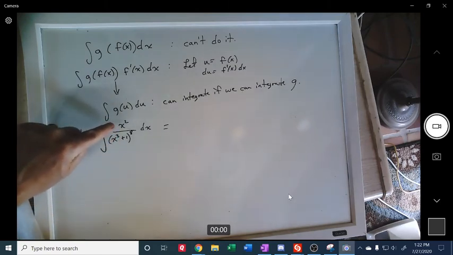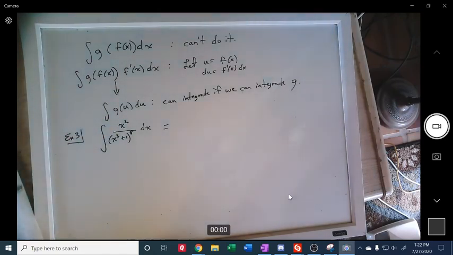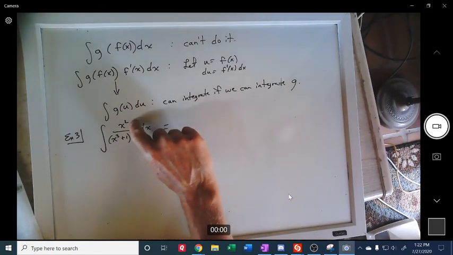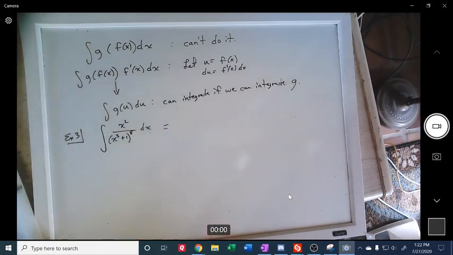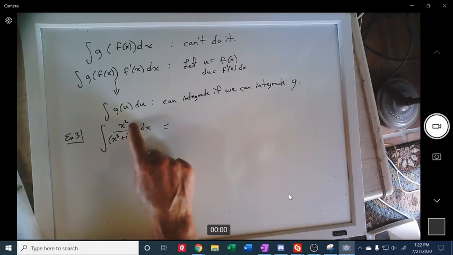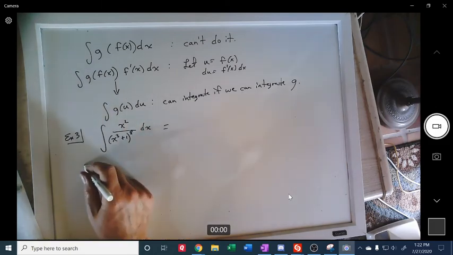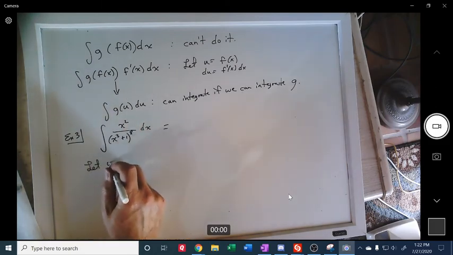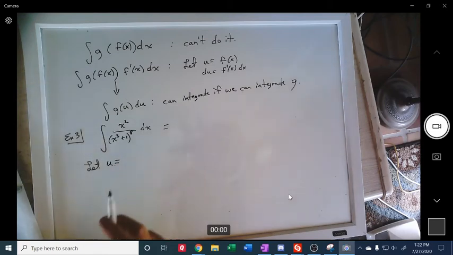Let me just ask this to anybody because I got to move kind of efficiently here. Anybody, which one should I let be my u? The bottom thing or the top thing? The bottom. Okay.